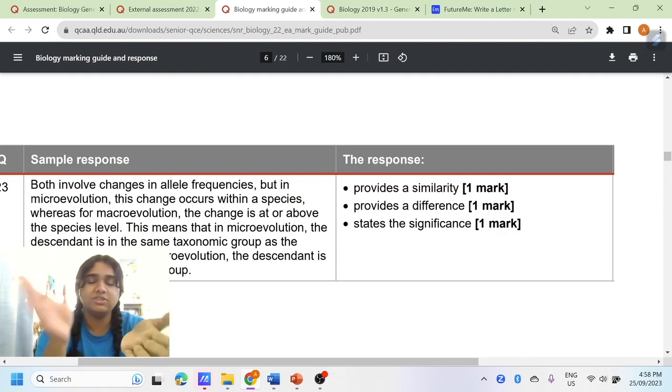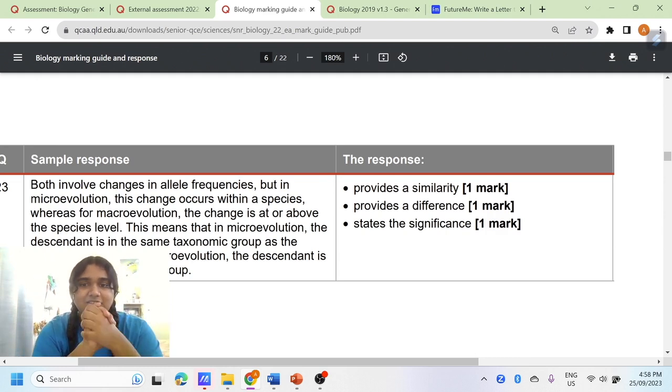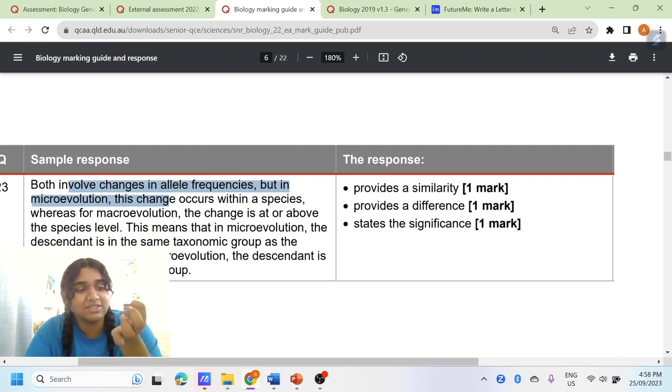Once you've added the reason onto the end of the similarity and difference, that grants you full marks. If you had just provided a difference and the significance, you would have lost a mark. If you just provided a similarity and why there was a similarity, you would have lost a mark. And of course, if you didn't provide the reason, you would have lost a mark as well.